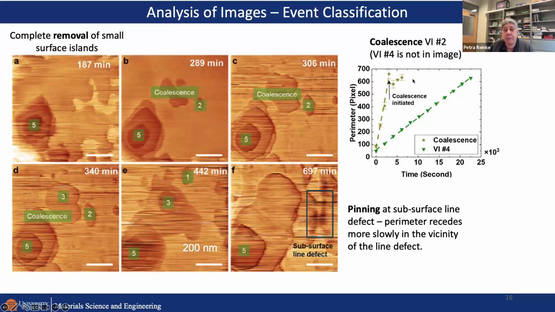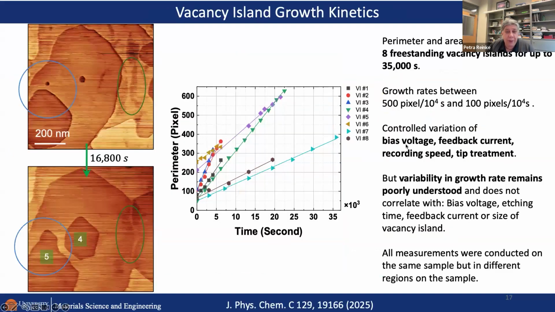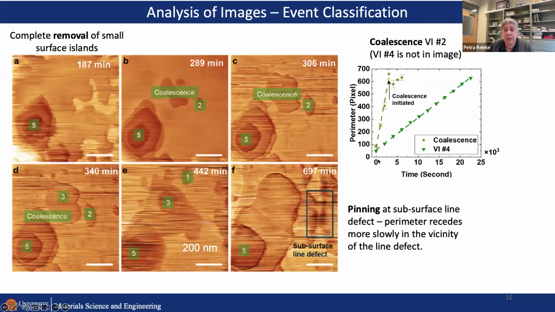You can see the break. Your perimeter is essentially conserved, while the area starts to increase at a different rate. A well-behaved island will just continue to grow until it hits another island, at which point you start to see the coalescence phenomenon.